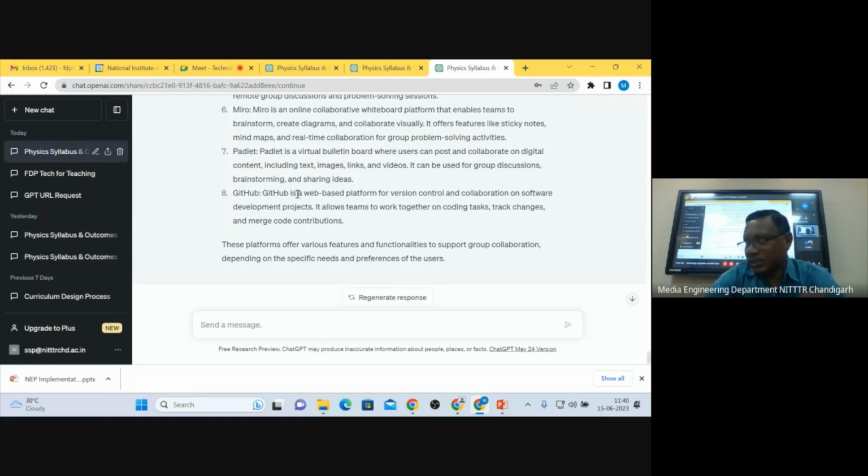We can further search. So these are the platforms which can be used for collaborative learning, or for asking your students to go for a group task on this type of dashboard or platform. So when these types of open AI platforms are available with us, it is better that we explore and give better inputs to our students.